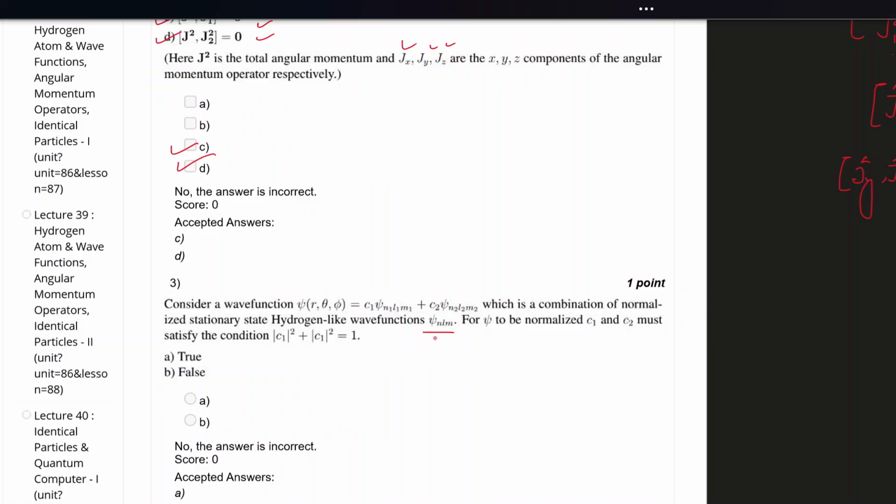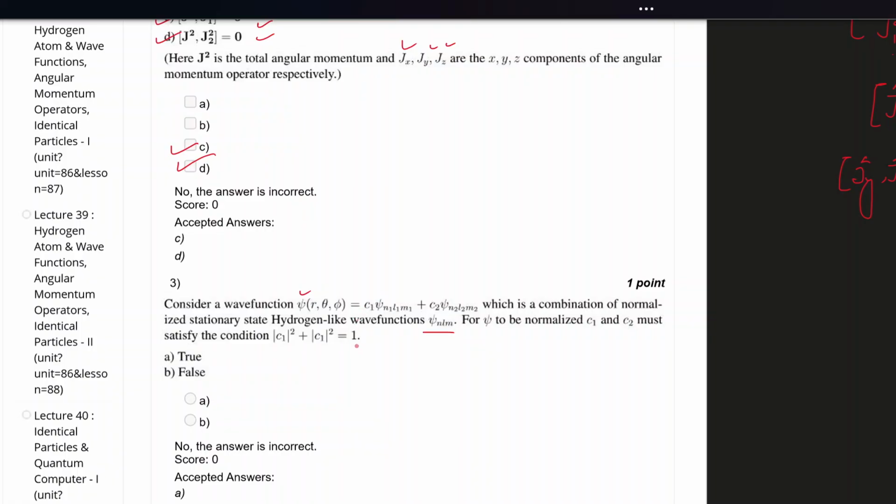So these are hydrogen-atom-like wave functions, of which we are taking a linear combination with c1 and c2 as coefficients, and finally expressing this whole state psi. Now for psi to be normalized, what is the condition that c1 and c2 need to satisfy? Is it the mod of c1 square plus mod of c2 square equal to 1?